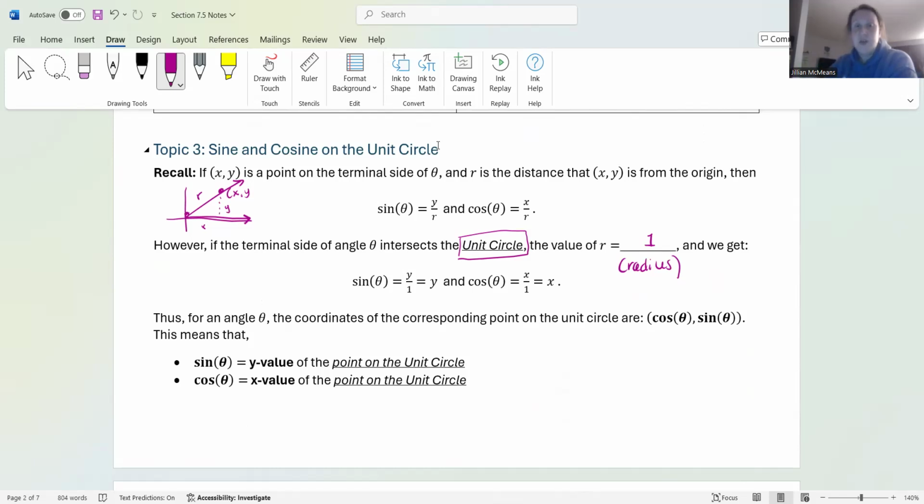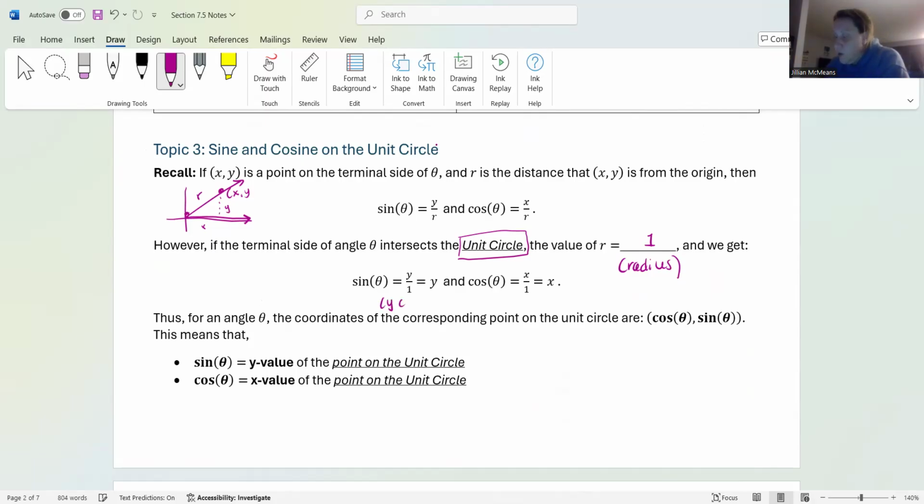All right, so that makes this even better because we already know sine is y over r. Well, if r is 1, that just tells me that sine is the y coordinate of that point. And we already know that cosine of theta is x over r, but if r is 1, which we're forcing it to be by drawing this unit circle, then we have that cosine is really the x coordinate.